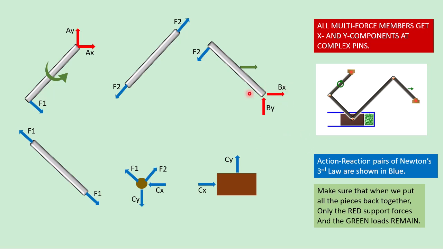The other pin support, and on the piston there is a garbage compactor. We have to include two more forces, one coming from the wall and one coming from the object here.